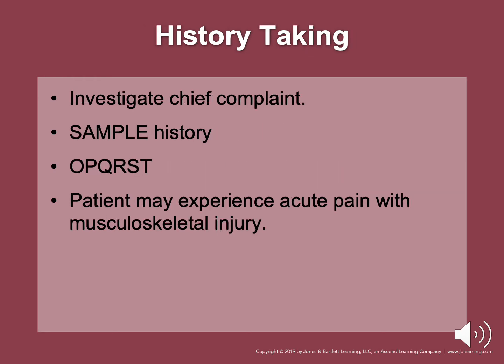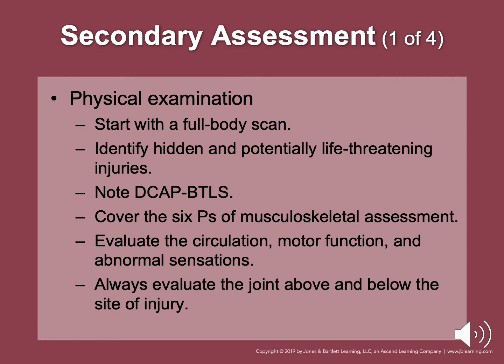All right, your history taking, SAMPLE. Identify any existing musculoskeletal disorder, use PQRST, as the patient may be experiencing acute pain or a musculoskeletal injury. With splinting and things like that, for musculoskeletal injuries, a lot of times if you can give pain medication before you actually splint and start manipulating that musculoskeletal injury, it does help.